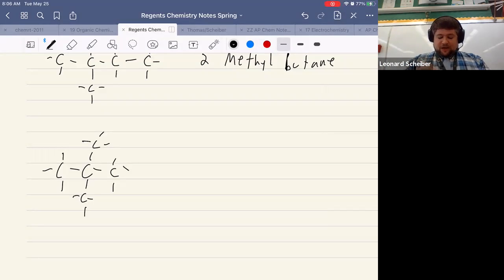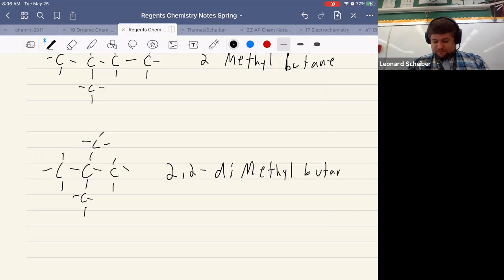For example, this we would call 2,2-dimethylbutane. The 2,2 is the location of the methyl groups.